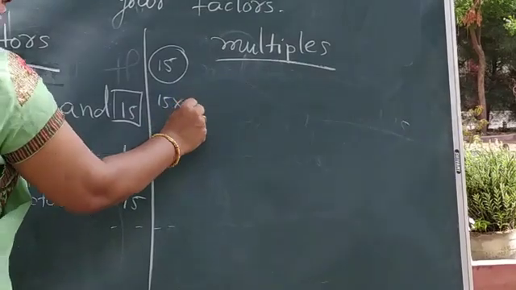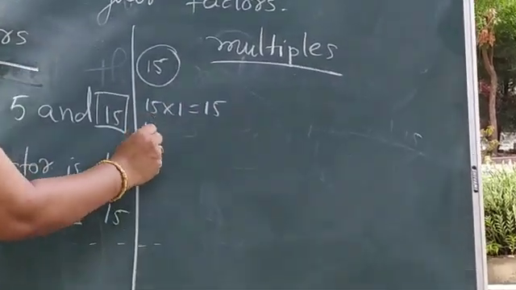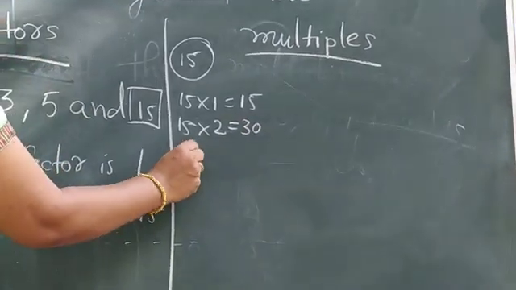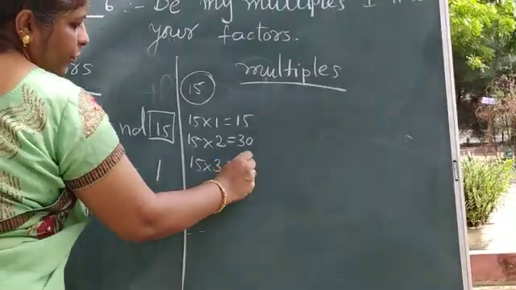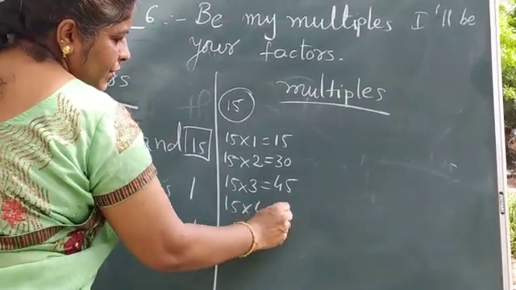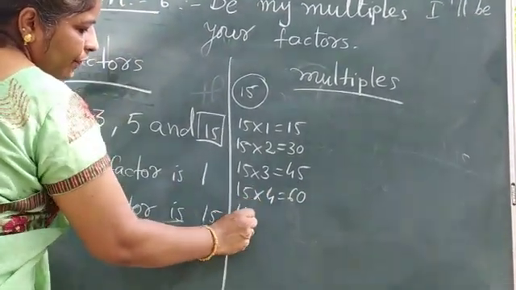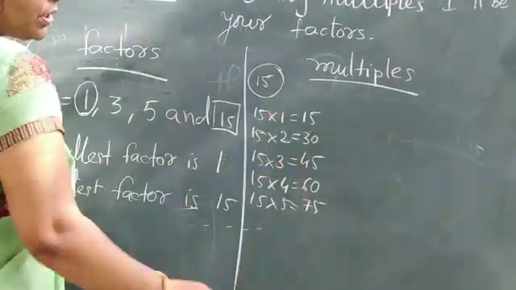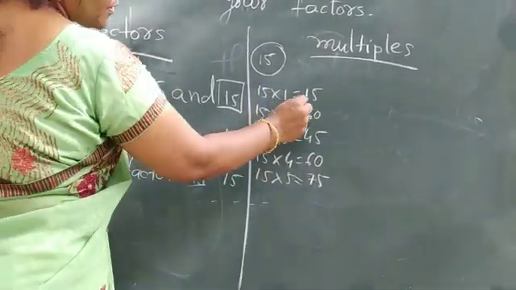The same number for multiples: 15 ones are 15, 15 twos are 30, 15 threes are 45, 15 fours are 60, 15 fives are 75. So here you can see the difference.